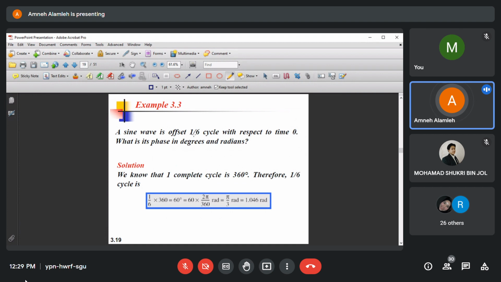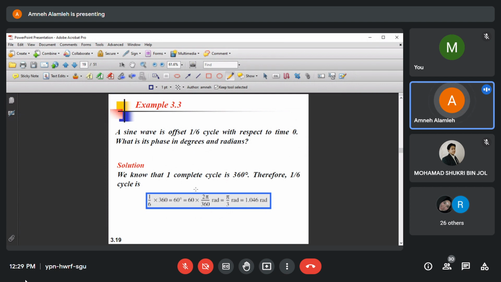Then if it is 1/6 of the cycle, how can we find the degrees and radians? We know that one complete cycle is 360 degrees.